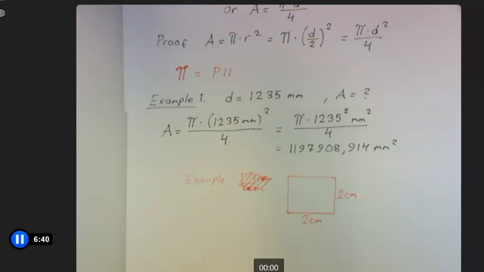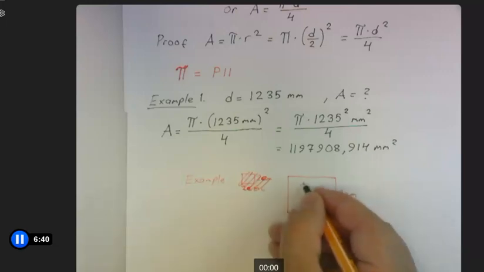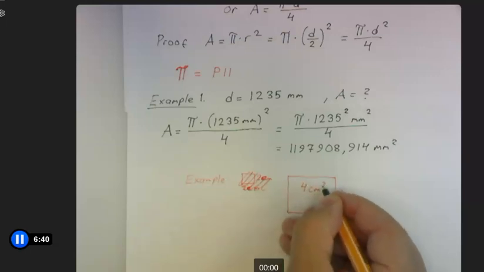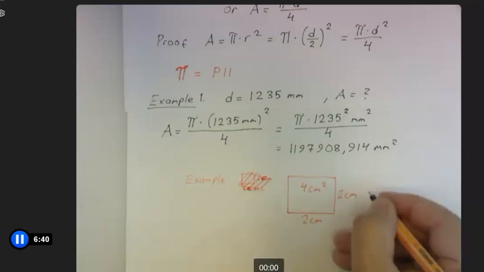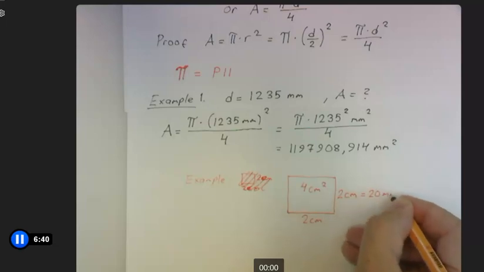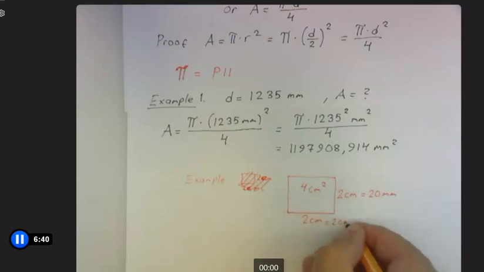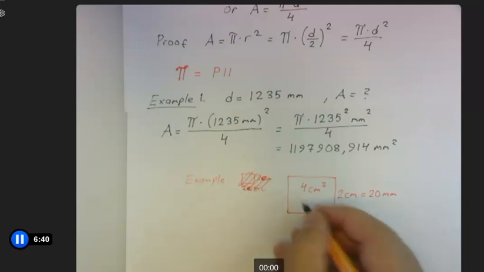And if you calculate the area of this square, it will be 4 centimeters squared. And if you use millimeters, 20 times 20, it gives 400.